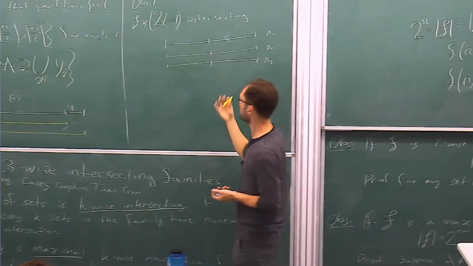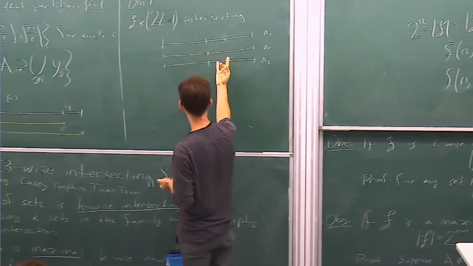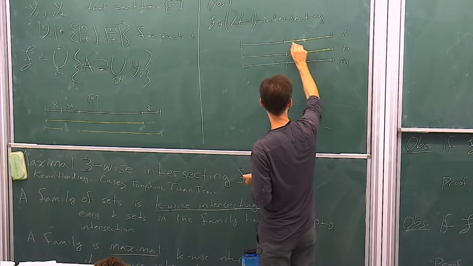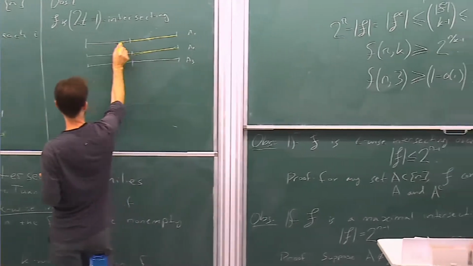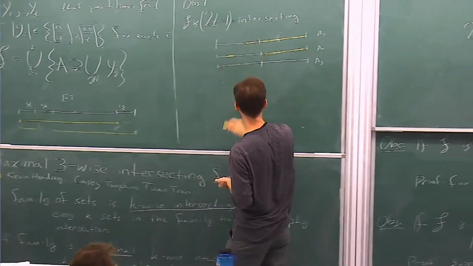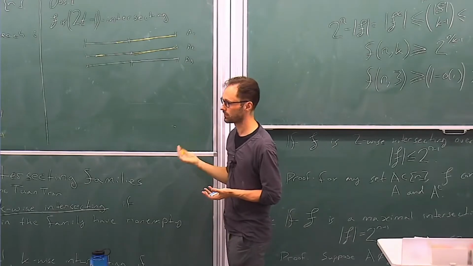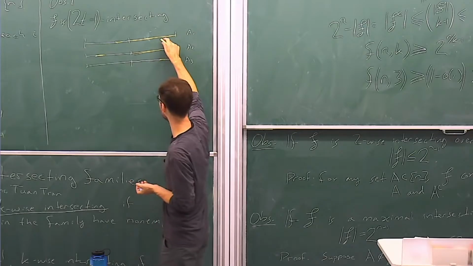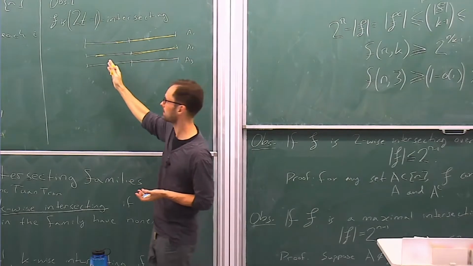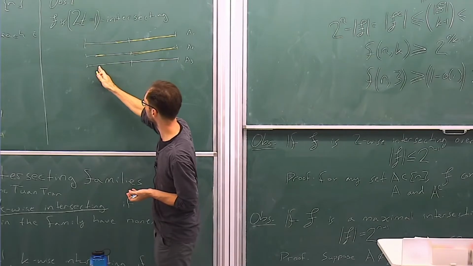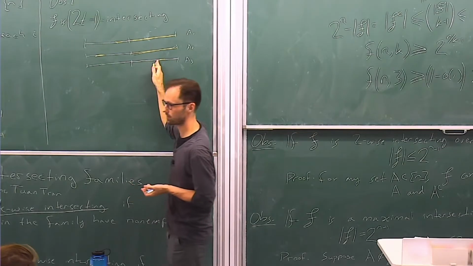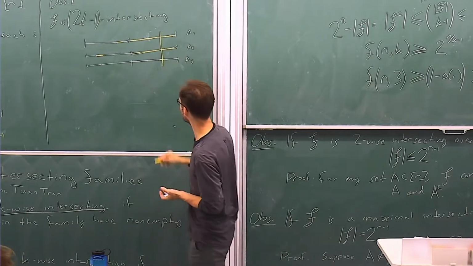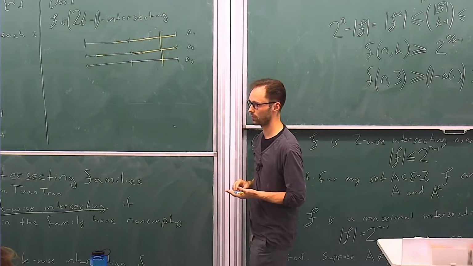Each one is a superset of one of these two halves. So we may as well assume that A1 and A2 completely contain this side, and they have something else on the other side, which may as well be disjoint. Then A3 has to contain something on the same side that A1 and A2 completely contain, because it's a proper superset. It's either a proper superset of Y1 or a proper superset of Y2. In either case, it has non-empty intersection with y2, and so there's some point in all three.